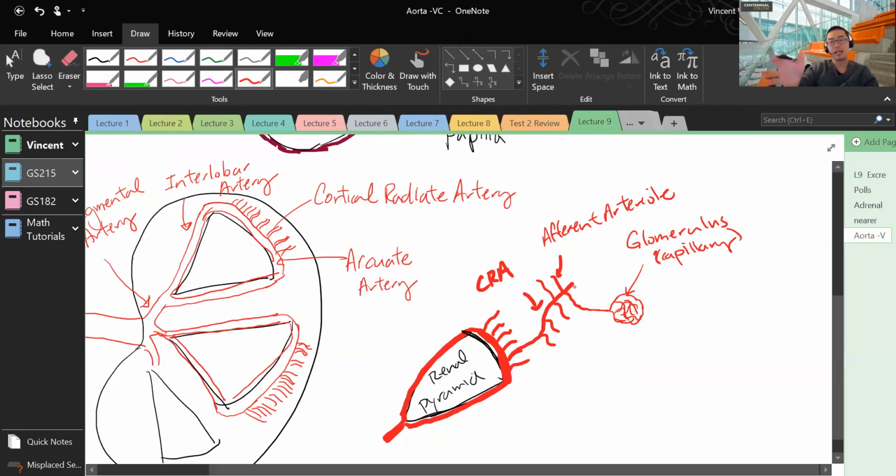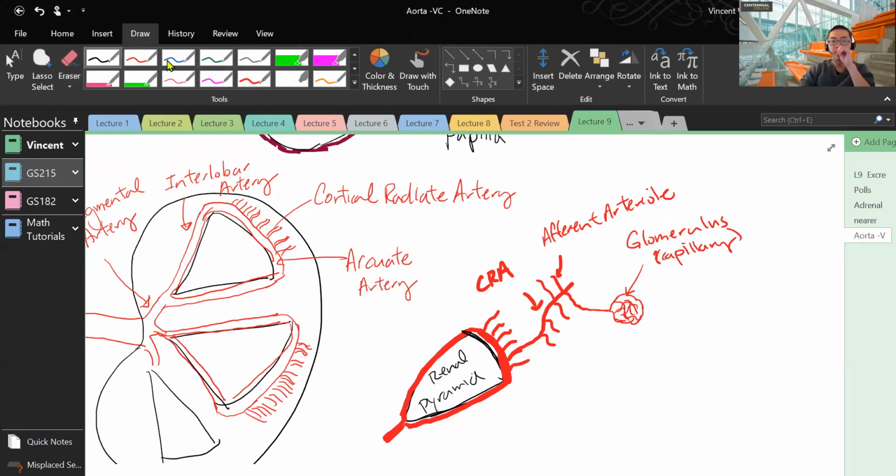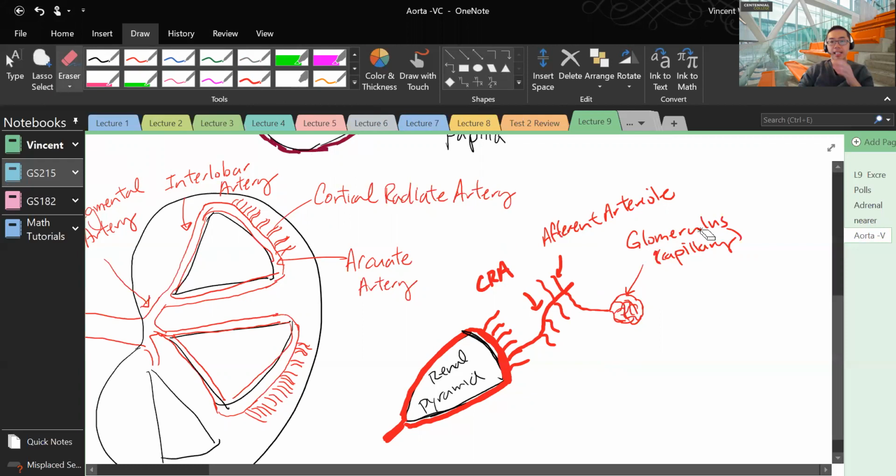So what happens is, when the blood goes through the glomerulus, because of the leaky nature of the glomerulus and the high pressure in the glomerulus, contents of the blood will get squeezed out.